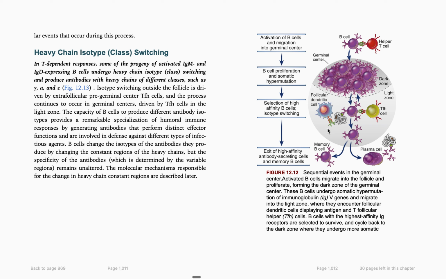So this follicular dendritic cell is like you'll be training them. The ones with high affinity will be coming back, coming back, and then with hypermutation we will get a lot of good plasma cells, and plasma cells will go as memory cells. Plasma cells will go produce antibodies, and plasmablasts can go to the bone marrow.